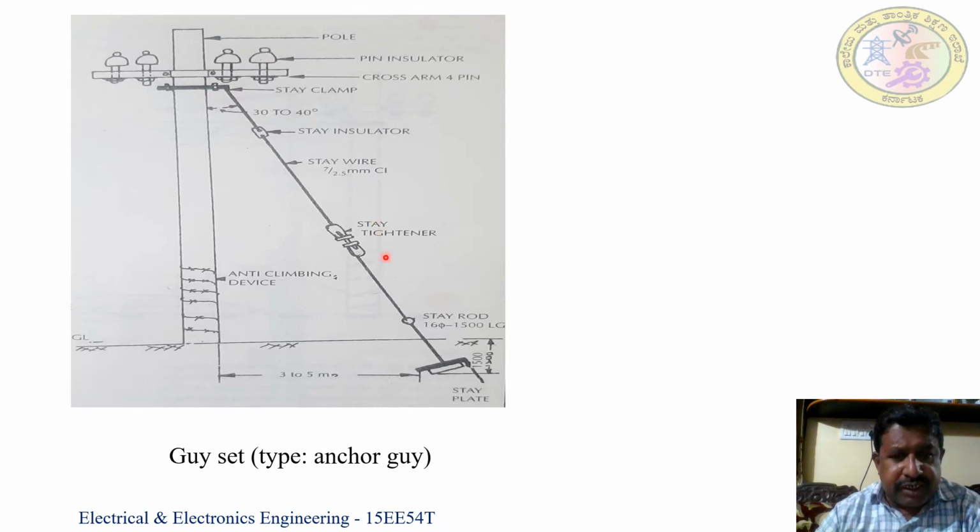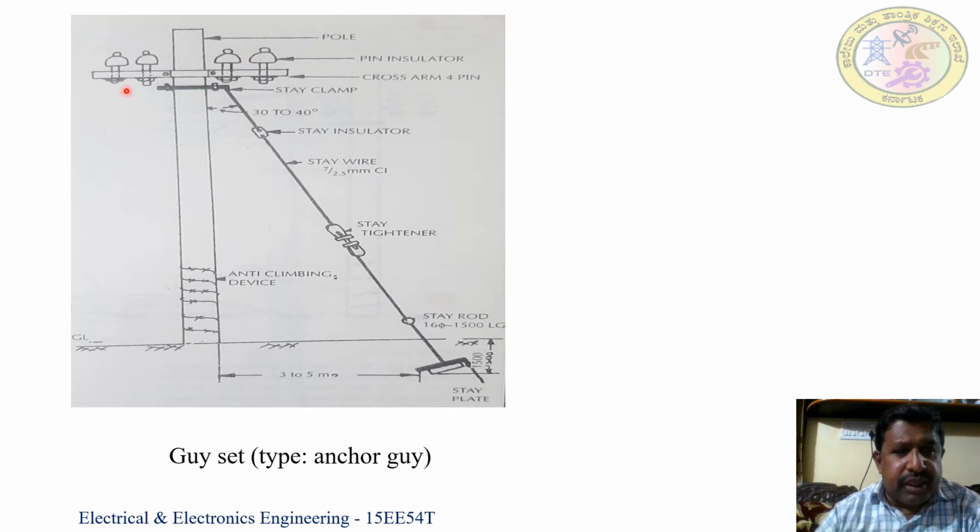Next stay tightener, next stay rod and the stay plate. Stay plate is fixed below the ground level. And also you can observe here anti-climbing device. Anti-climbing device is a barbed wire wound on the pole up to a certain length.